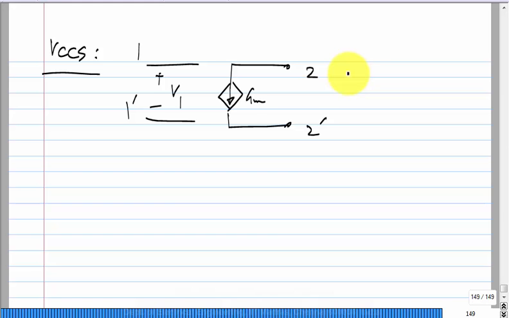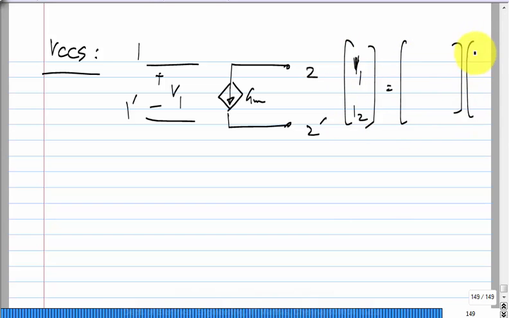Y parameters, right? So, this has I1, I2 equals the Y parameter set times V1, V2. And what are the parameters? What is Y11? 0. No current flows into this. So, this is 0 and this is also 0.